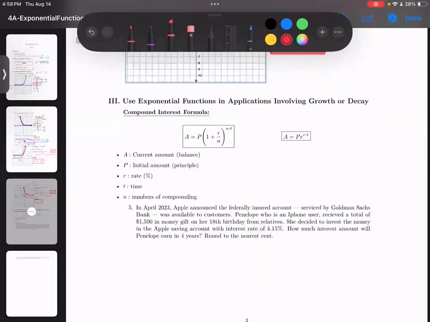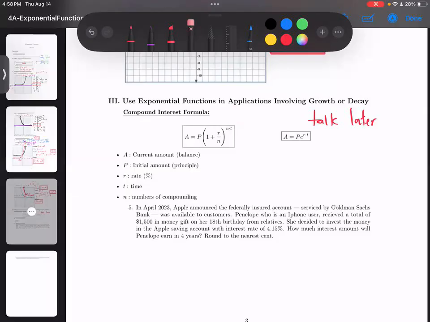Let's take a look at the application of exponential function. Compound interest formula. These two formulas will be given to you. Today we're going to focus on this one. We'll talk about this one next time. So this is the compound interest formula where A is the current amount, your balance in your bank.